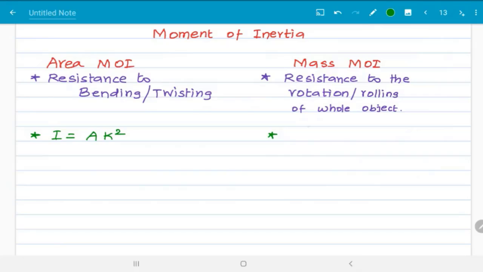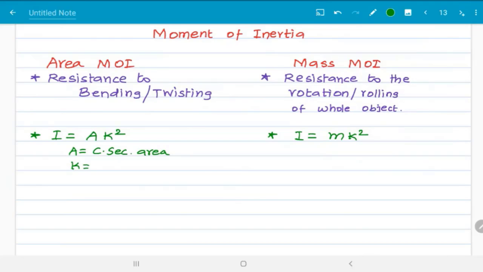Then the general formula for mass moment of inertia is I is equal to M K square. A means cross section area.